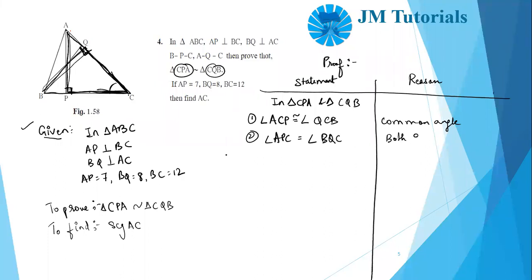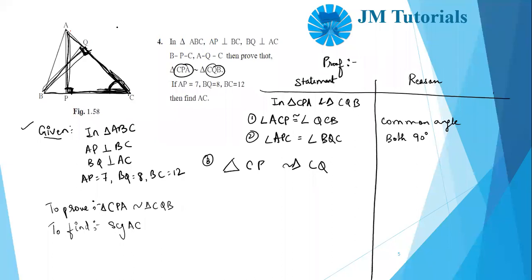Both 90. Now is the time to write our one-to-one correspondence. Now see, C went with C only. So C will go with C. For a common angle, you always write the same name. Look at this, this was P, this was 90. That went with this Q, which was 90. Now in this triangle, what is left? Come on, tell me fast.